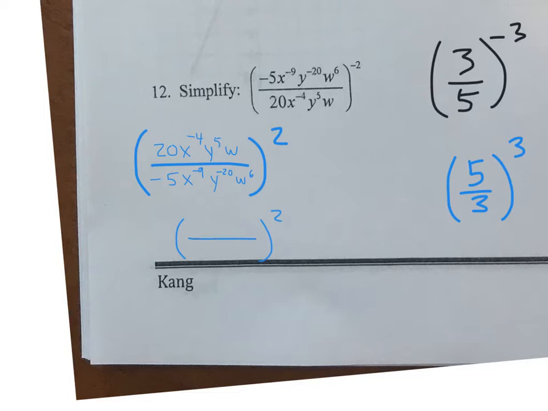In fact, I'll just kind of do it. This would end up being a negative 4 up top. We would have an x to the 5th up top. We would have a y to the 25th. We would have, let's see, just a w to the 5th down below.